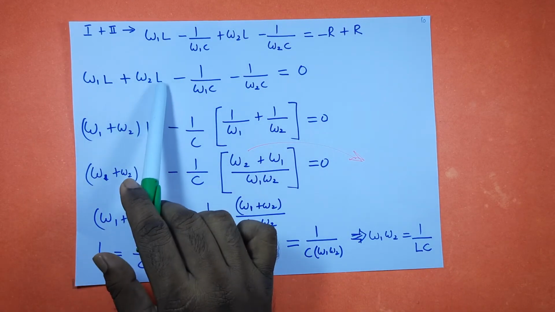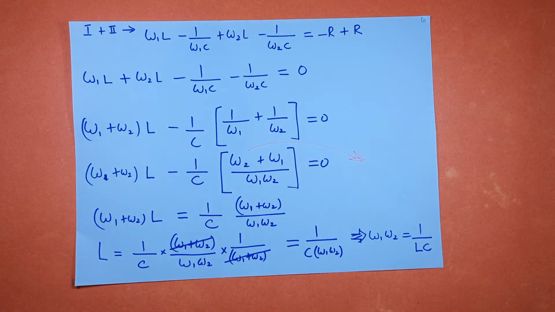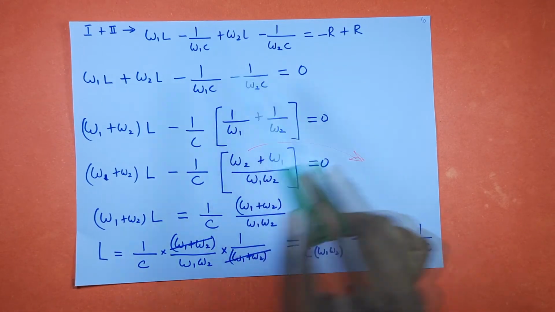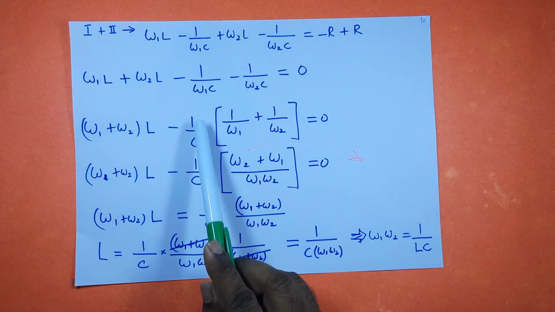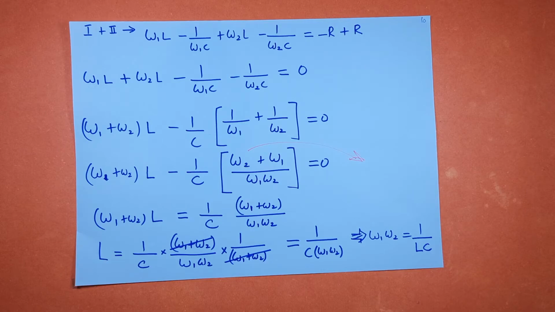From this, L is common, you take it outside: omega 1 plus omega 2 into L. Here also 1 by C is common, you take it outside: minus 1 by C. In the bracket you get 1 by omega 1 plus 1 by omega 2 equal to 0.